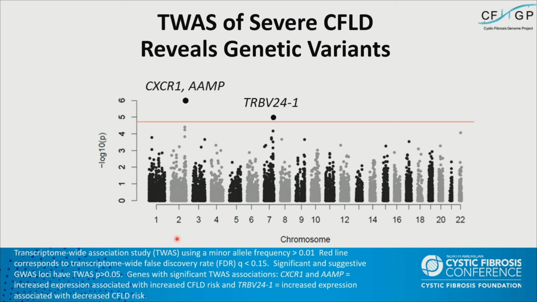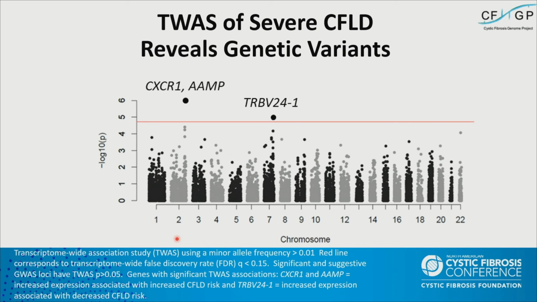I'm going to skip talking about TRBV24 because there's almost nothing known about that. Maybe it has something to do with an immunoglobulin or whatever. But focus on CXCR1, which is a chemokine receptor, and AAMP, which is an angio-associated migratory cell protein. CXCR1 is expressed in liver, and guess what?